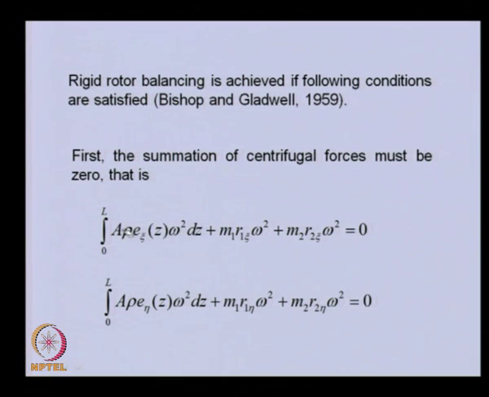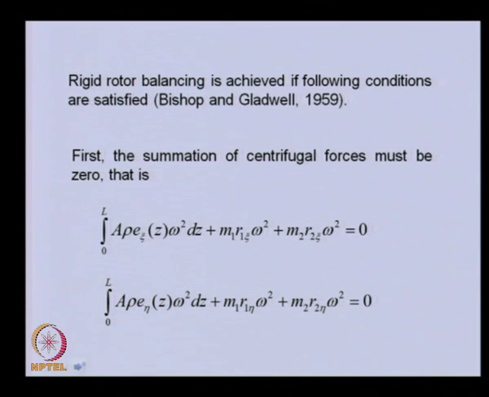So this is the total centrifugal force acting in the xi direction due to the rotor eccentricity, and these are the correction mass components of the centrifugal force in the same xi direction. So this should be balanced. Whatever comes from the eccentric rotor and the correction masses should balance in this plane, and not only in this plane, in the eta direction also it should balance the centrifugal force.